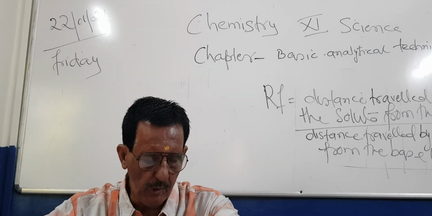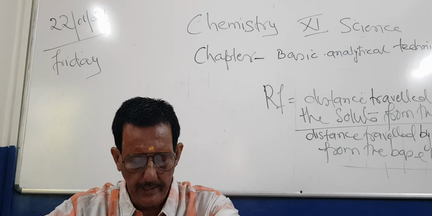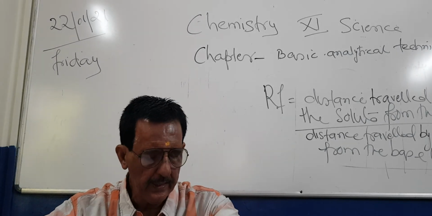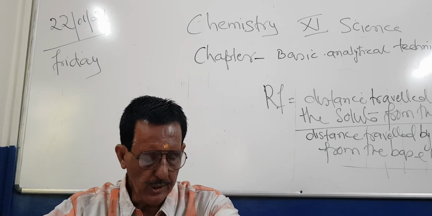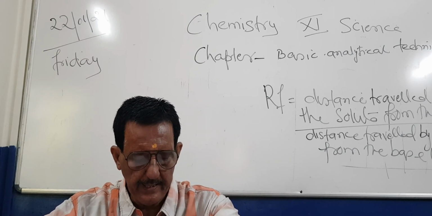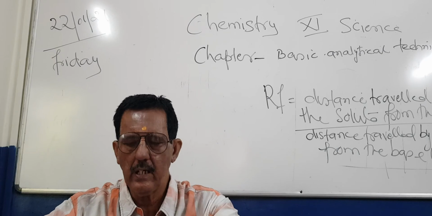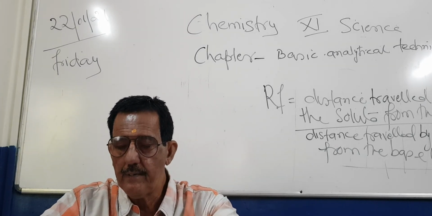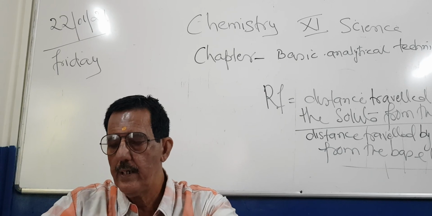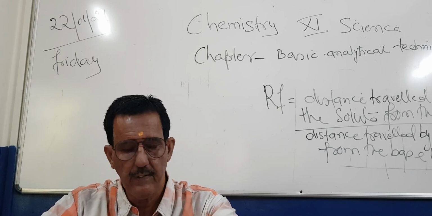The mixture is dissolved in a small amount of solvent and loaded at the top of the adsorption column, that is the fractionating column. The most strongly adsorbed component is retained on the column and the others move down. The component which is less strongly adsorbed moves first and vice versa.